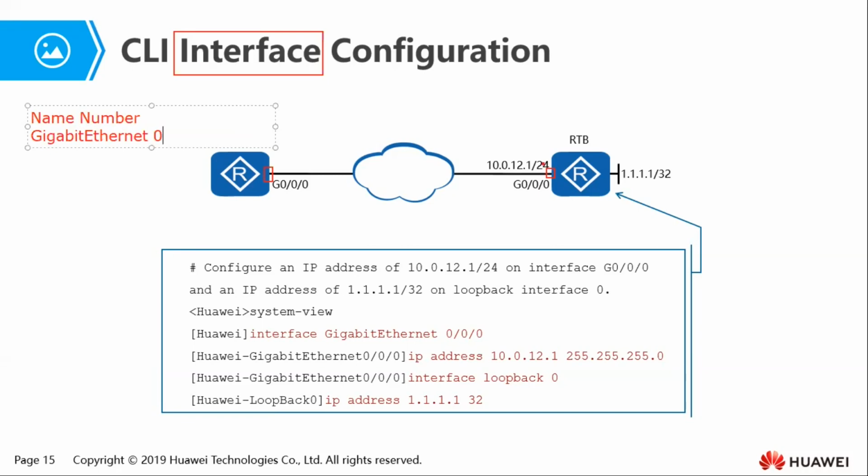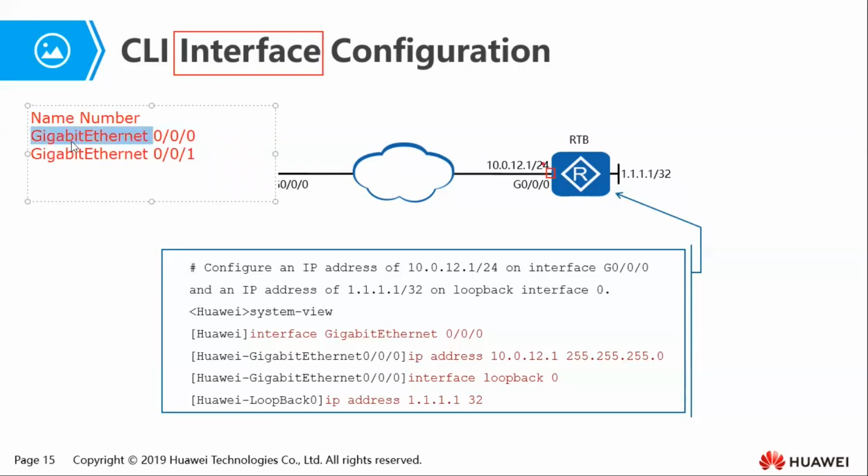The number of the interface is 0/0/0. Most likely in that particular router, we can also have 0/0/1. The name of the interface will usually tell you the speed at which that interface can transmit data.